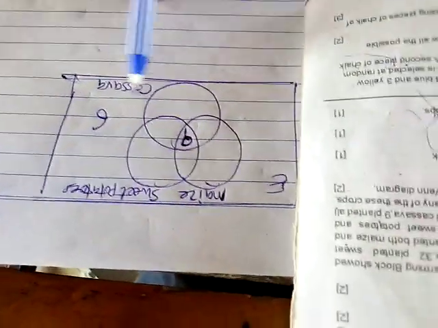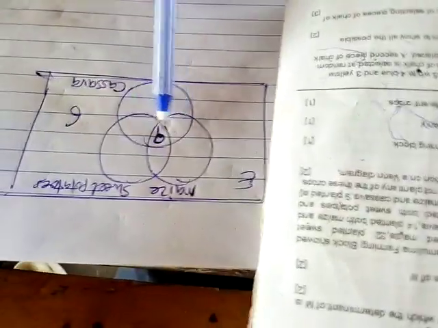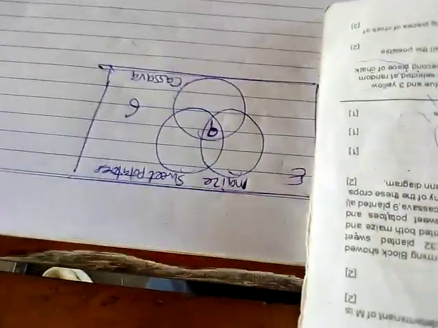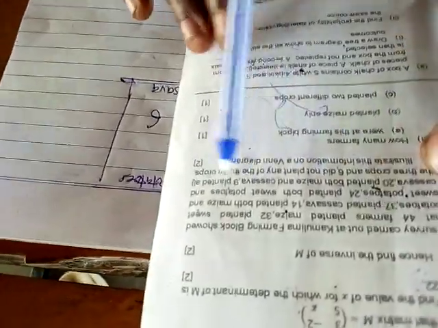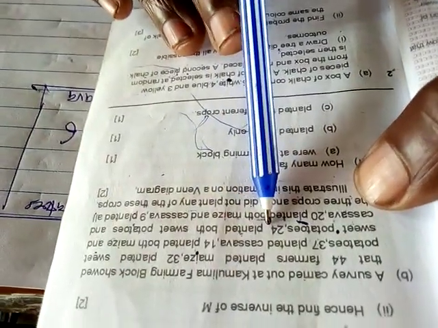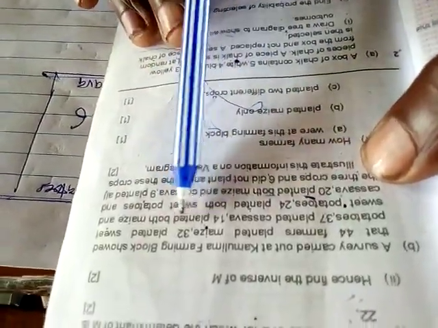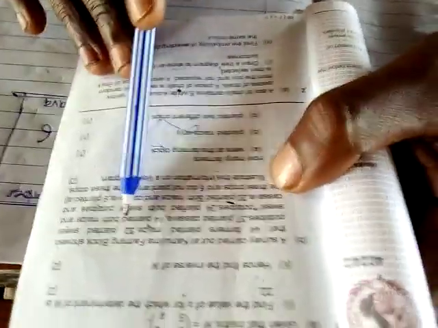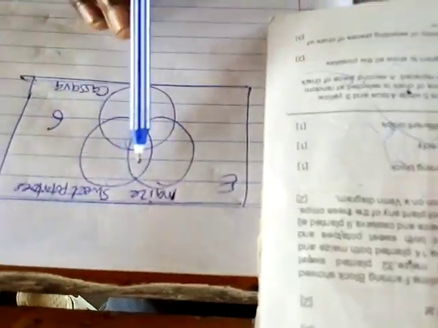Then we move to those farmers that were growing 2 different crops. 14 planted both maize and sweet potatoes, so it's here.